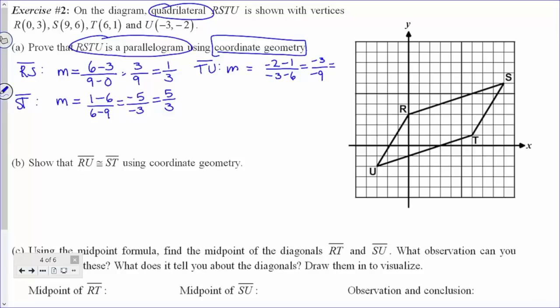A negative divided by a negative is a positive, and then we get it to reduce to 1/3. And finally, the slope of UR, M equals (3 - (-2)) all divided by (0 - (-3)). In the numerator, that's a 5. In the denominator, that's a 3, and there's nothing I can do about that.